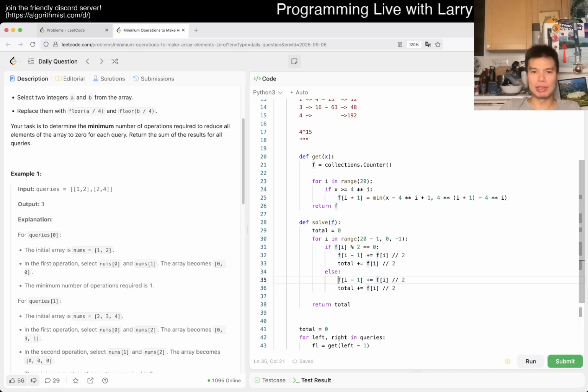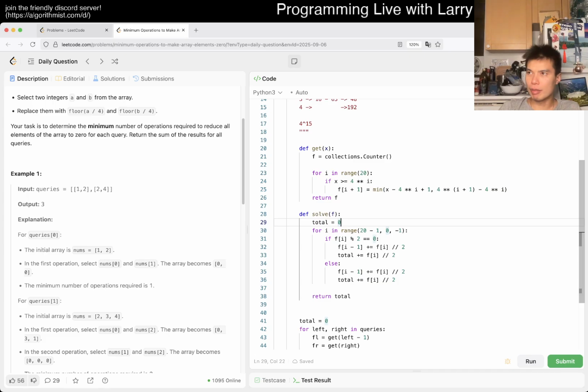We can probably do another for loop if we have to, but 10 to the 5th times 20 times 20 maybe is cutting it a little close. But yeah, I think now would be a good time to get the next biggest number.